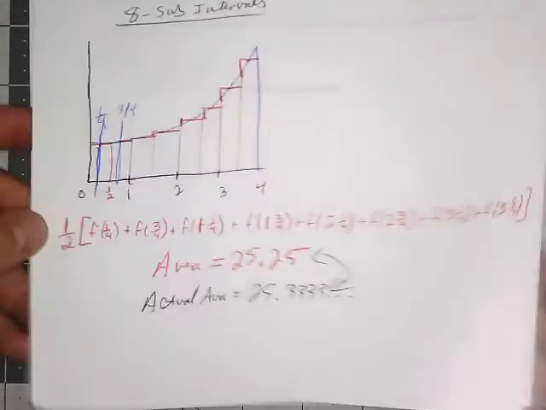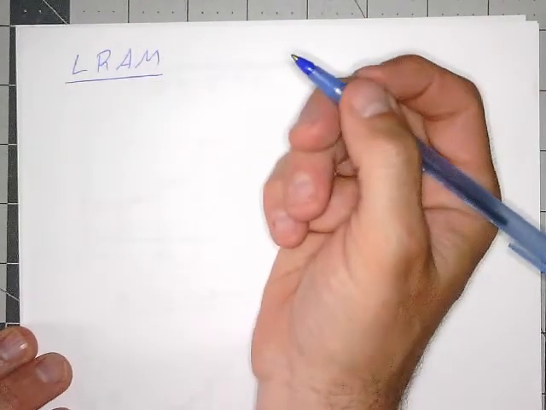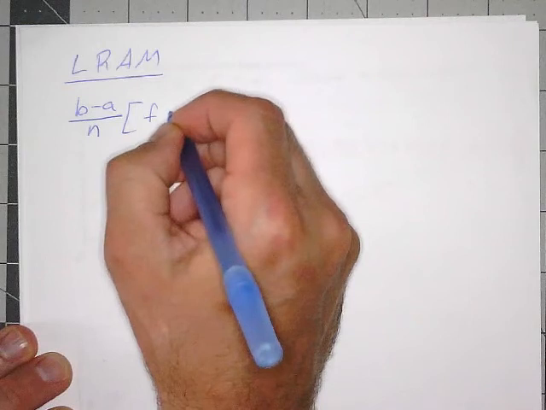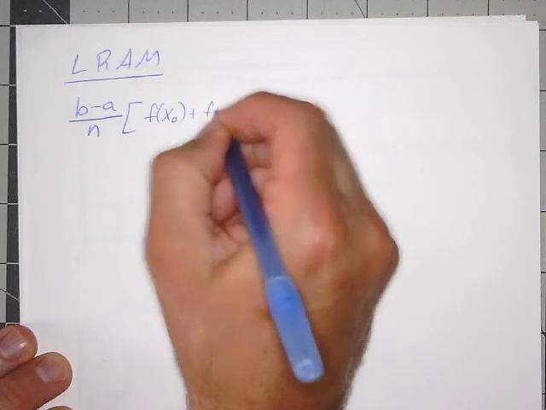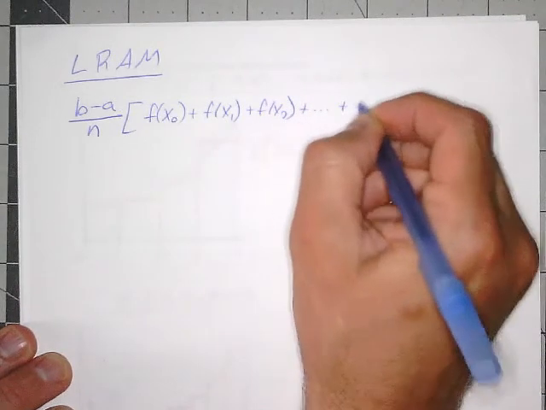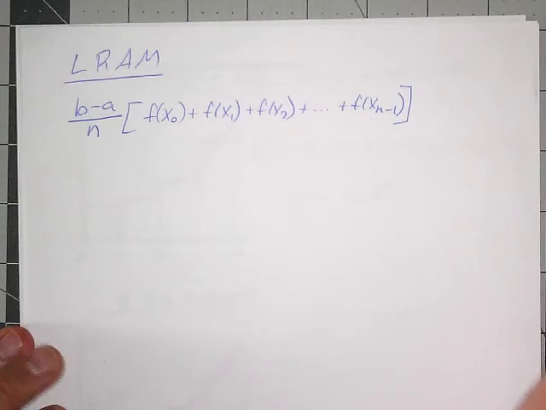Okay. So what I'm going to try to do right now is sum up the 3 types of approximation methods. In conclusion, you have your left rectangular approximation method. This is b minus a over n times f of x sub 0, f of x sub 1, f of x sub 2, plus blah blah blah, plus f of x sub n minus 1.